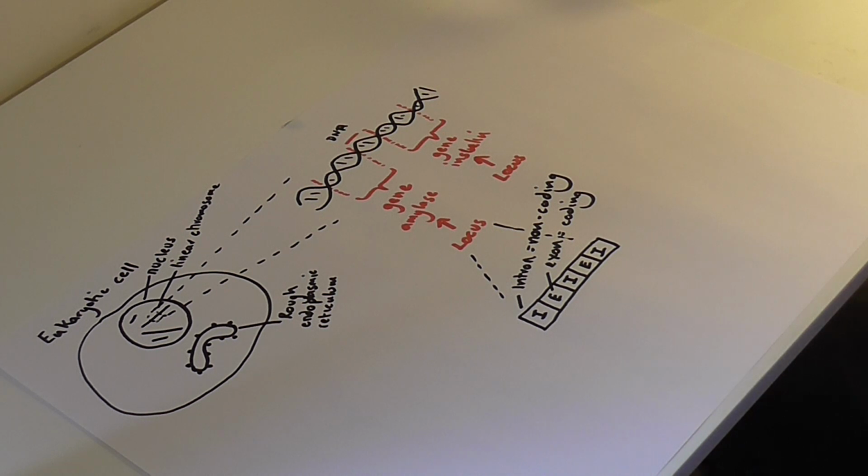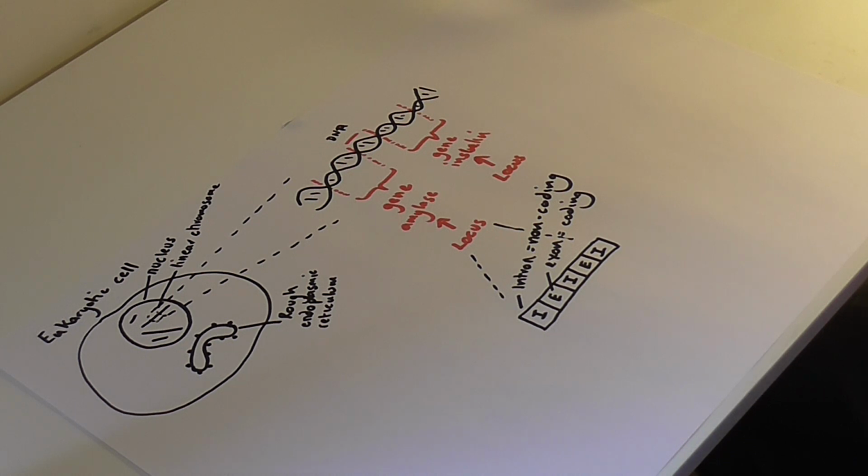This is why the first step of protein synthesis is to convert the genetic code in the form of DNA into a smaller molecule, a smaller nucleic acid. Remember, all nucleic acids carry the genetic code for protein synthesis. And so the first step is transcription.